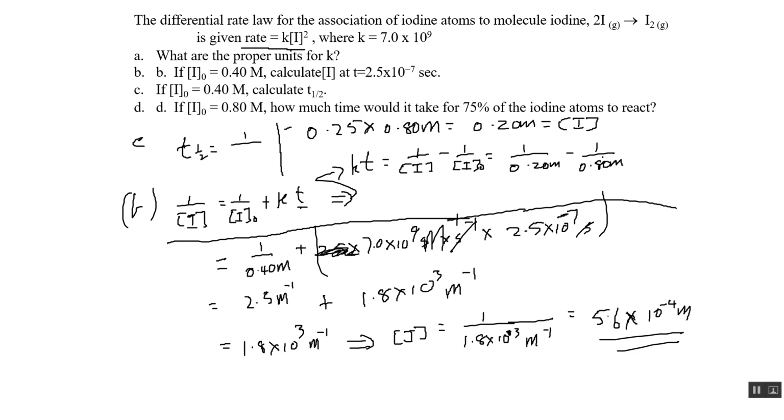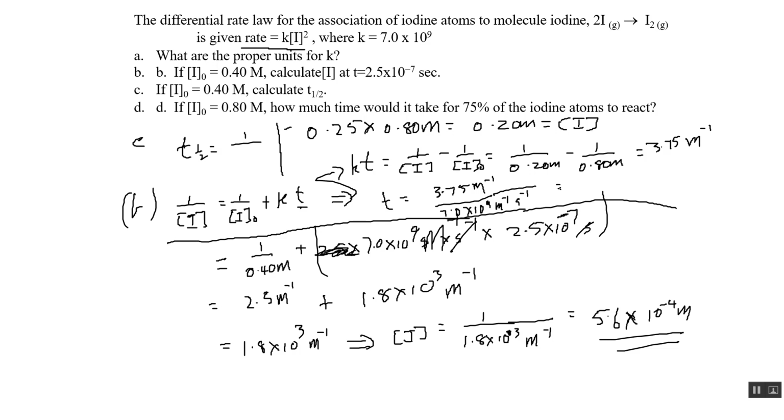Okay, so the answer I got here is 3.75. And therefore t, which is what the question is asking for, would be equal to 3.75, and this would be M to the minus 1, by the way, divided by k, which is again 7.9 times 10 to the 9, M to the minus 1 s to the minus 1.